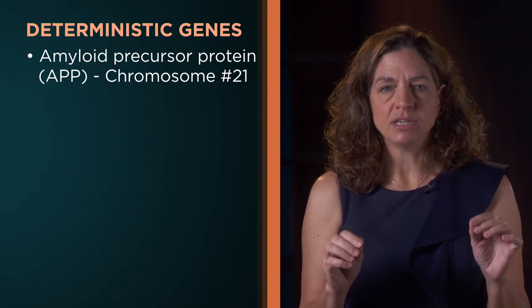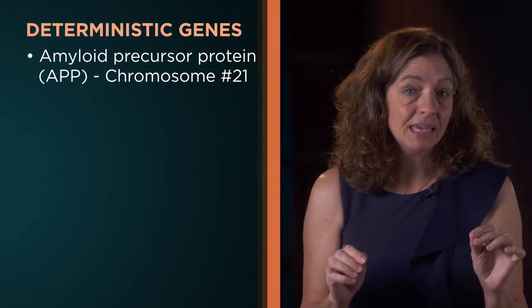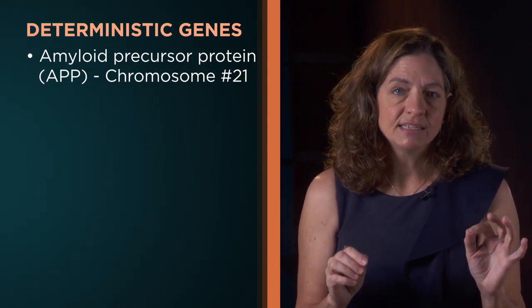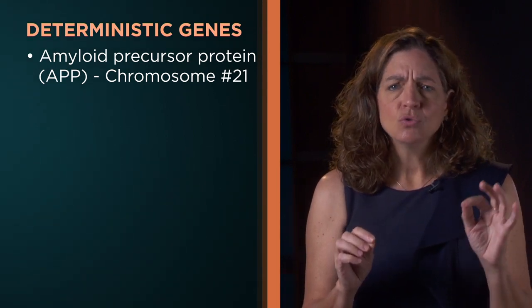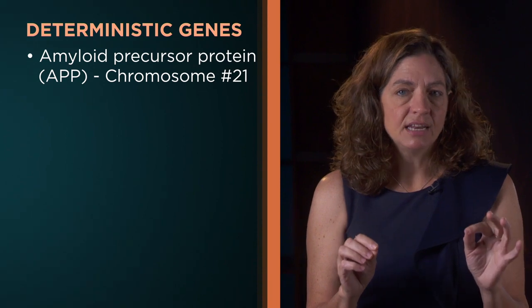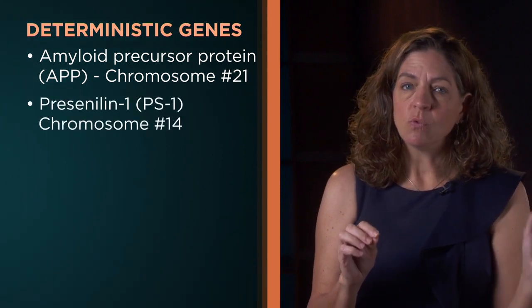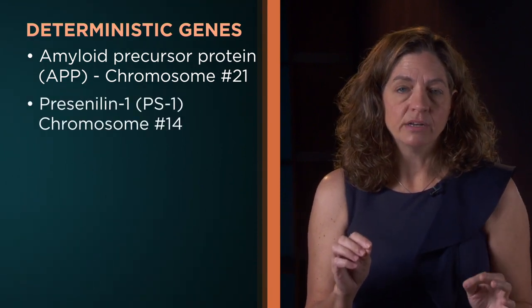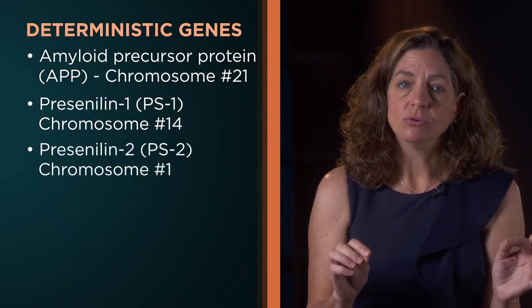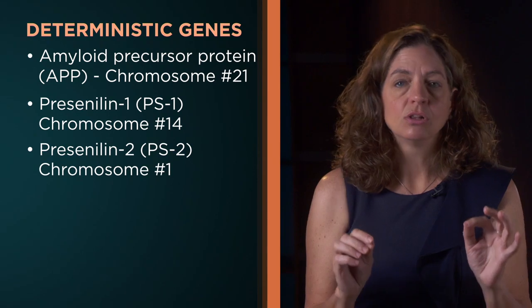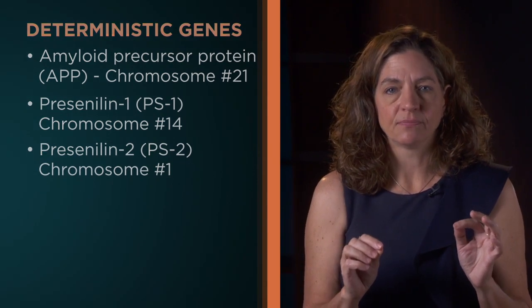Amyloid precursor protein, known as APP, was discovered in 1987 and is located on chromosome 21. The 2 other genes were discovered in 1995: presenilin 1, or PS-1, located on chromosome 14, and presenilin 2, or PS-2, located on chromosome number 1.